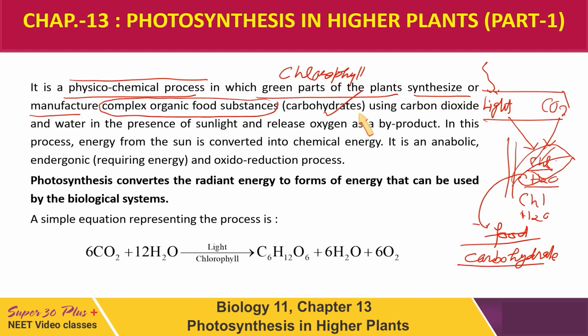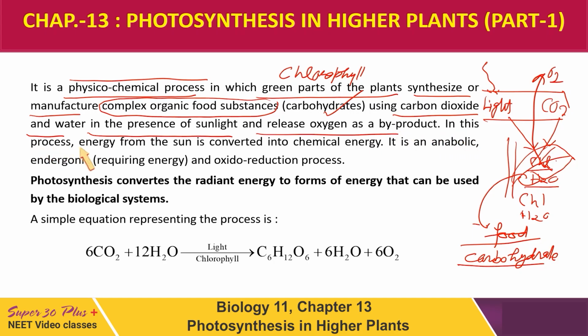But remember, other substances which are organic in nature are also synthesized. And for this synthesis, what do they want? They need carbon dioxide and water in presence of sunlight. As a result of this overall process, oxygen will be released. Oxygen is released as a byproduct.